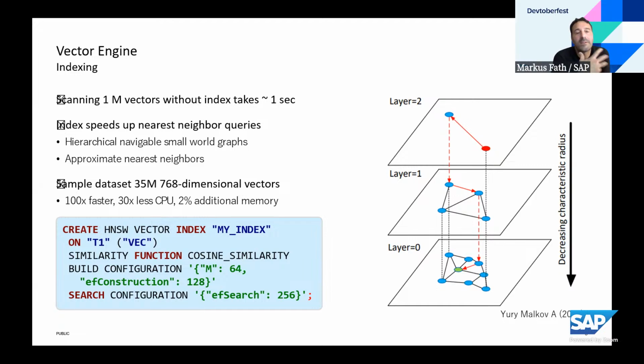So it's not always guaranteed to find the exact nearest neighbors, but in most scenarios, this should be good enough. Again, depending on your sizing and the resources and the queries, you can expect on large volumes of vectors to see a speed up of a factor of 100 or even 1,000.